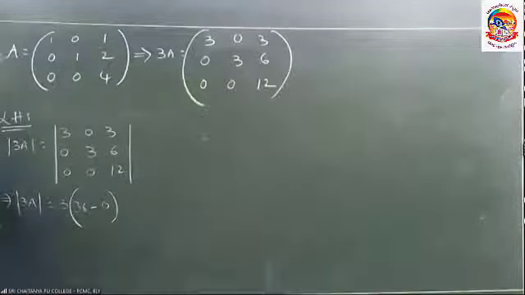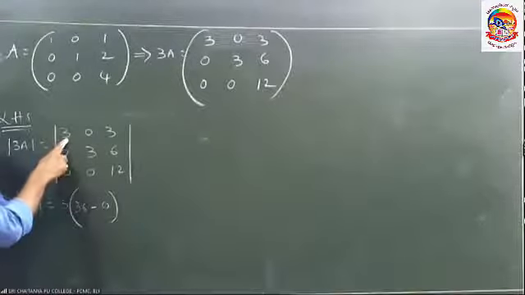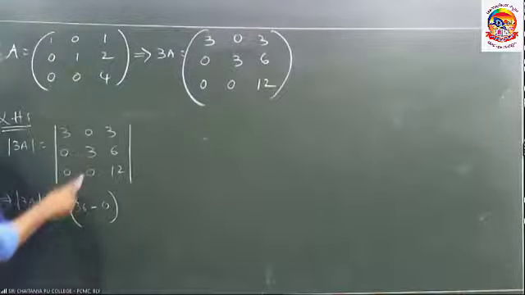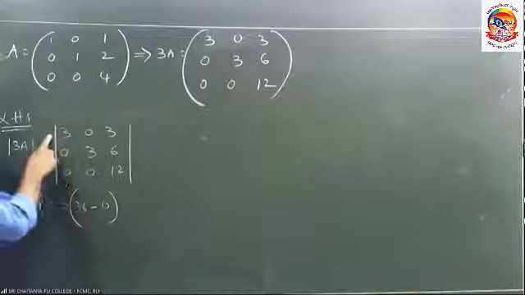I am repeating this. 3 into, exclude this column and this row.